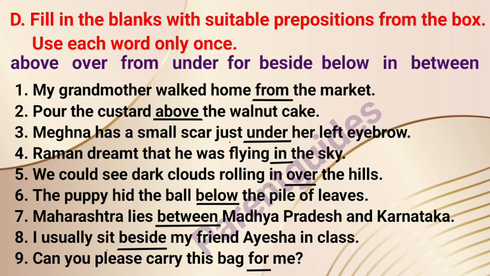Raman dreamt that he was flying in the sky. 5. We could see dark clouds rolling in over the hills. 6. The puppy hid the ball below the pile of leaves. 7. Maharashtra lies between Madhya Pradesh and Karnataka. 8. I usually sit beside my friend Aisha in class. 9. Can you please carry this bag for me?